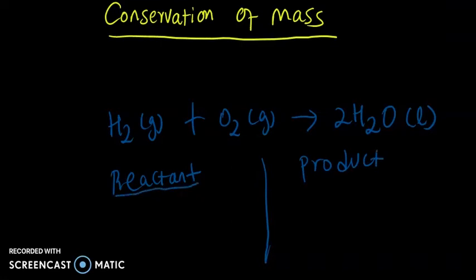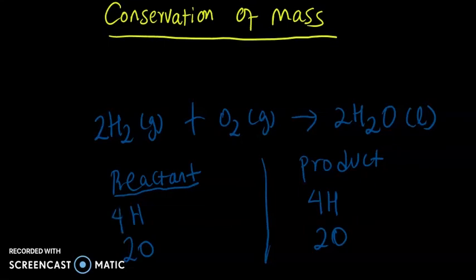In the reactant, we have 2 hydrogens, 2 oxygens. And in the product side, we have 4 hydrogens and 2 oxygens. As you can see right here, our equation is not balanced because we have 2 hydrogens in the reactant side and 4 hydrogens in the product side. To make the reaction balanced, we have to add 2 in order for hydrogen to become 4.